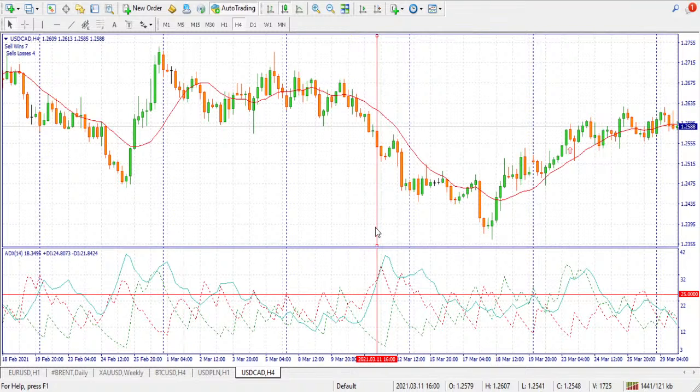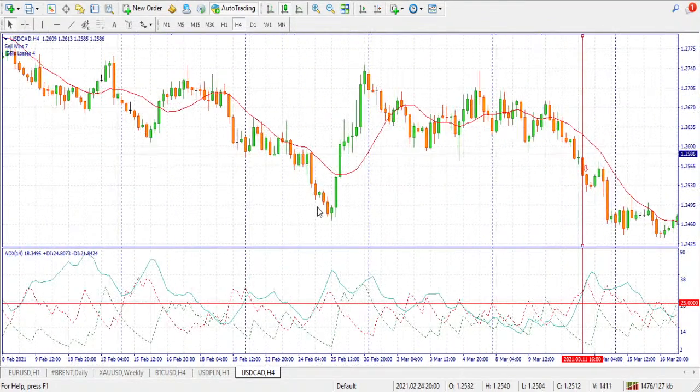That is here. When the blue line eventually climbs above 25, and at the same time the moving average is above where the price is, then there's a sell. You can see clearly that if you took a sell when that happened, you could have made really good money. This was a good sell. You could have sold at least up to this point.